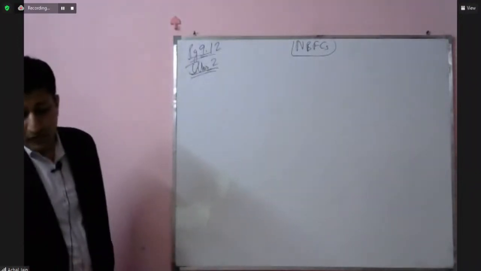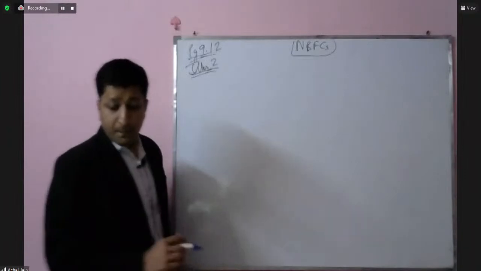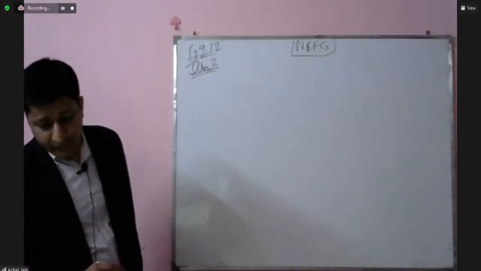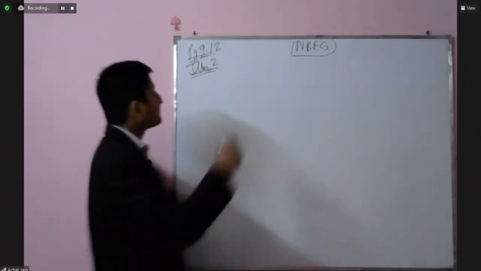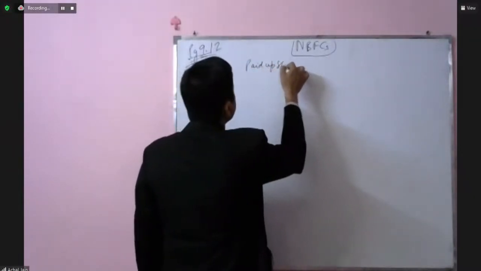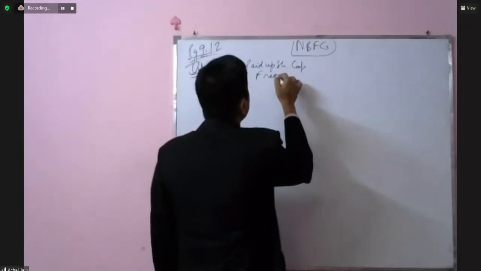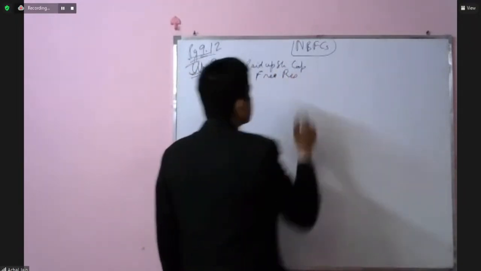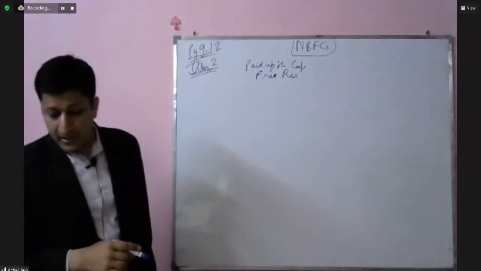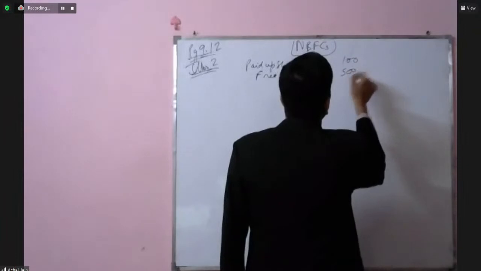So net own fund. First of all, we will compute the own fund. So we have got paid up share capital, free reserves. Paid up share capital is 100, free reserves are 500.